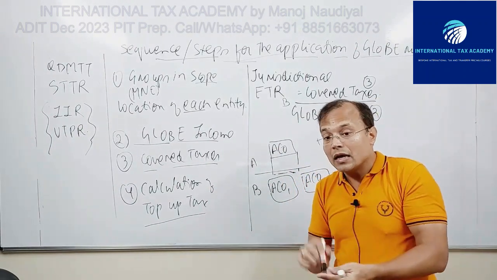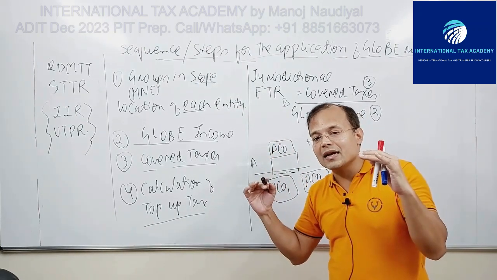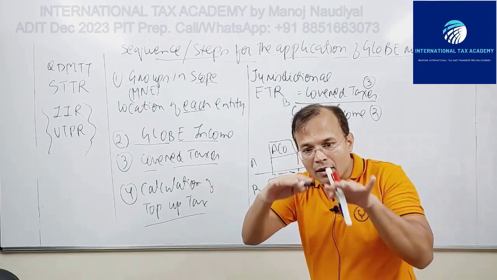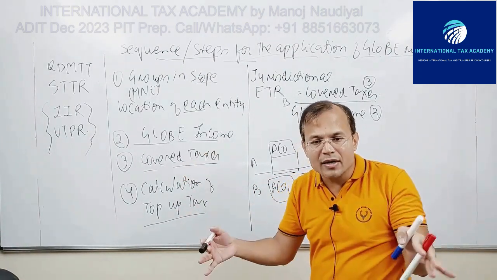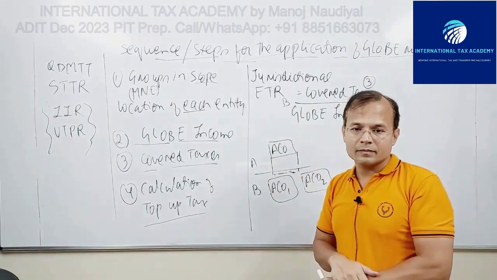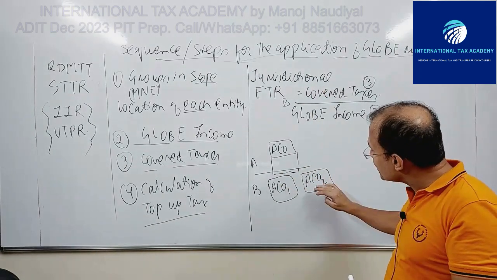Because remember, just keep this in mind, the 15% tax rate is on the country basis, and we are talking specifically about country B, so that is why it would be at the level of the country. So covered taxes include the taxes paid by ACO 1 plus taxes paid by ACO 2.